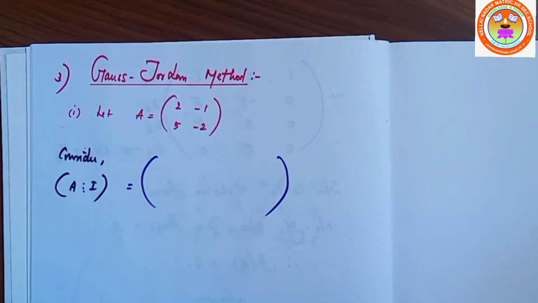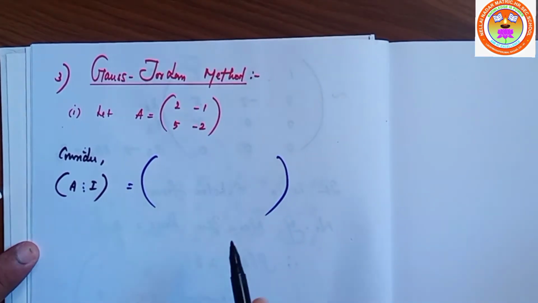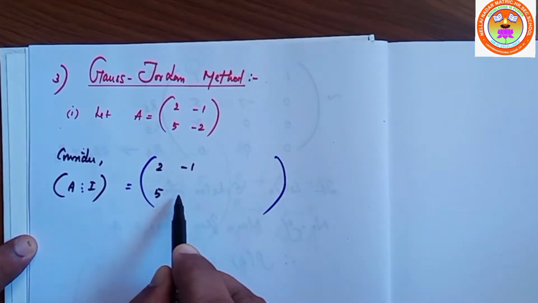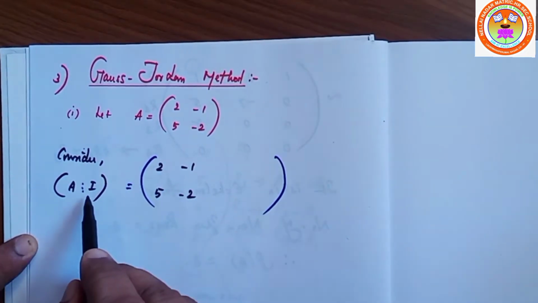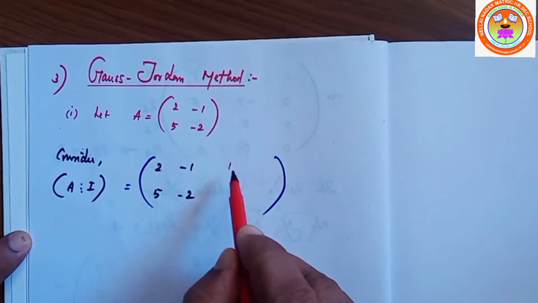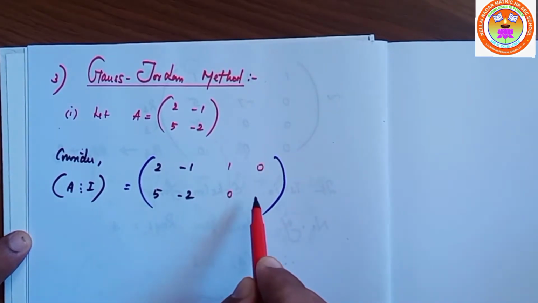Okay, listen carefully, A matrix, that is 2 minus 1, 5 minus 2. Here I refers to the identity matrix. You can write that identity matrix as 1 0 0 1.